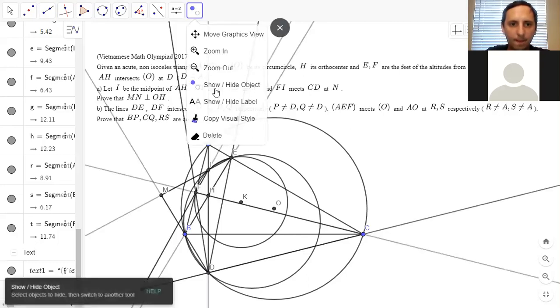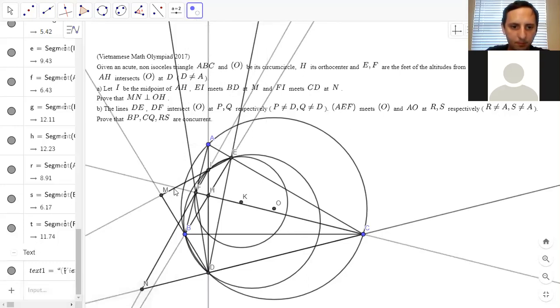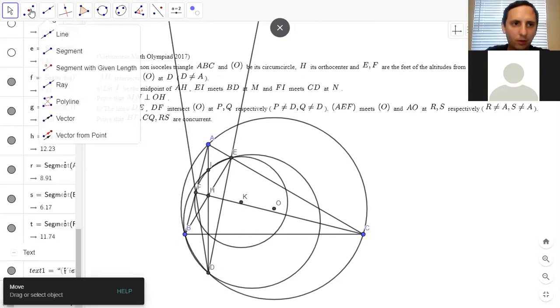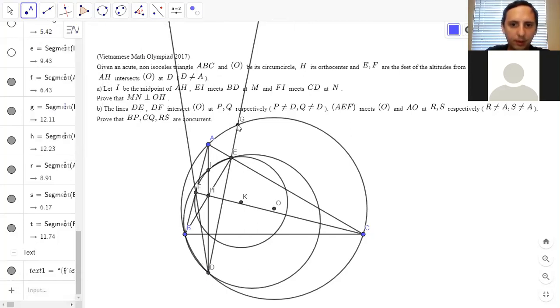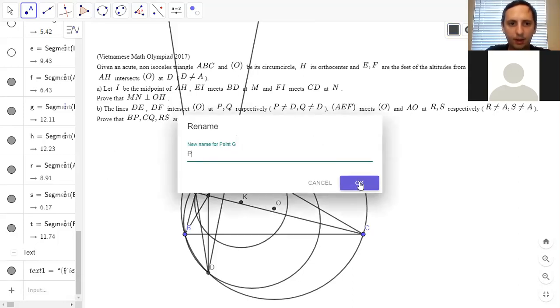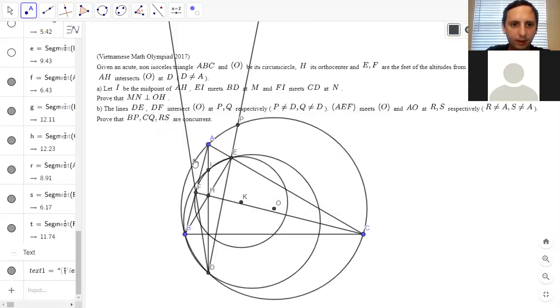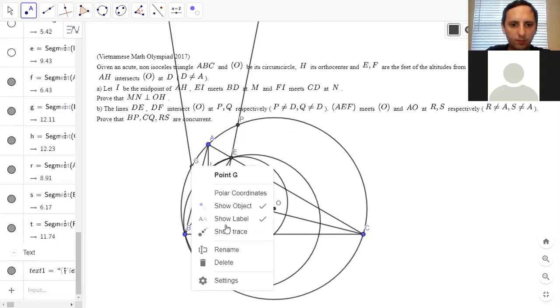So yeah, and D. That's kind of silly. They made the second part of it have nothing to do with the first part. All right. So DE intersects the circle at P. And DF intersects it at Q.